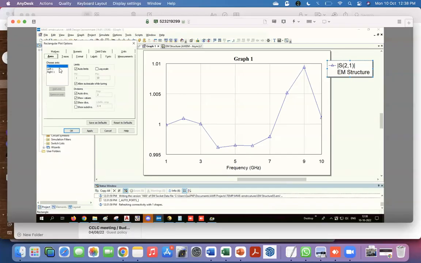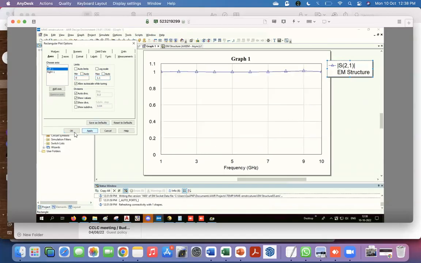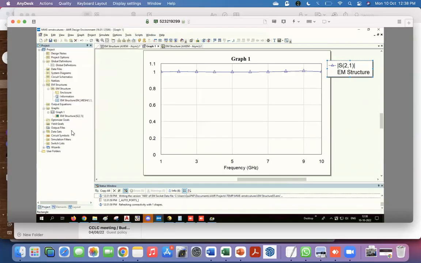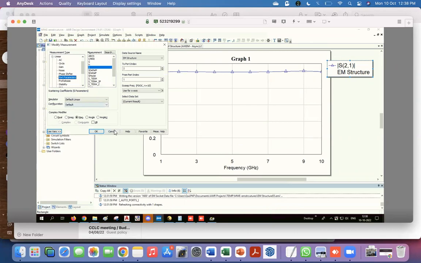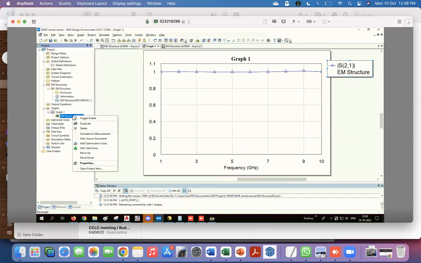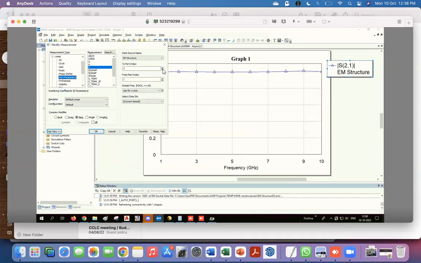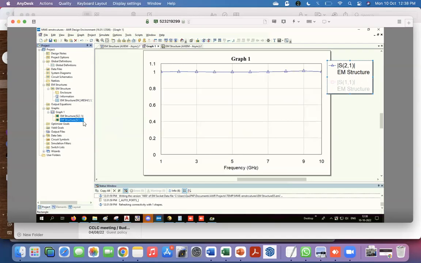So I can put this on a more 0 to 1 scale. 1.1. Looks decent, right? Let's look at the other four. It's now reflection. 1.